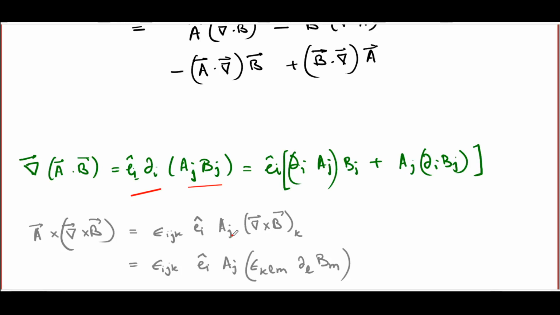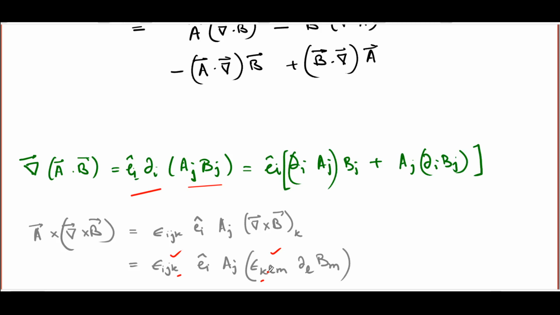The next step is pretty straightforward. You have two epsilon symbols here. And because of this K index, there is obviously a contraction. So we can fall back on our, hopefully by now familiar, formula for the contraction of two epsilon symbols.